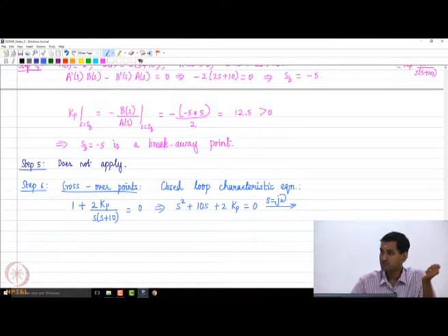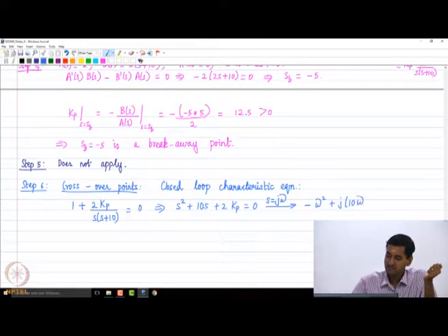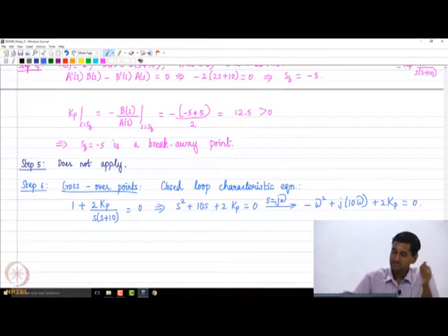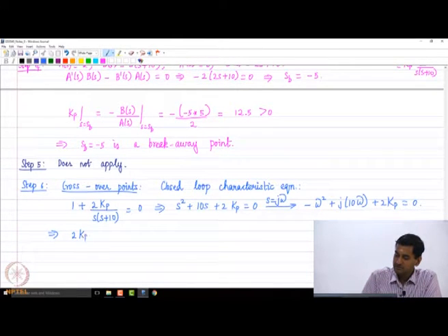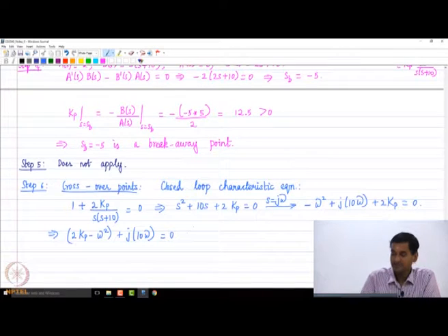So we substitute s equals j omega. What do we get? We get minus omega squared plus j times 10 omega plus 2Kp is equal to 0. So this gives us (2Kp minus omega squared), that's the real part, plus j times 10 omega equals 0, right?